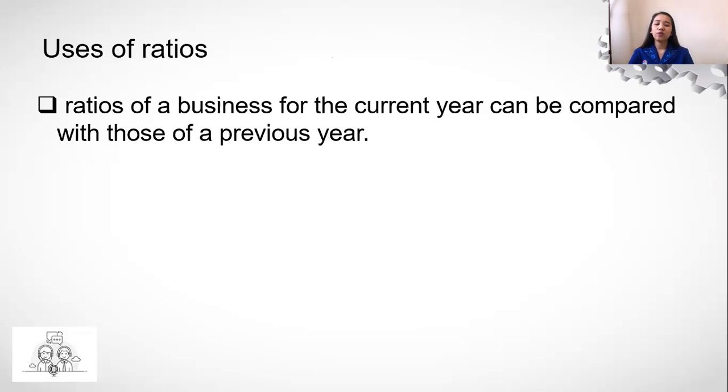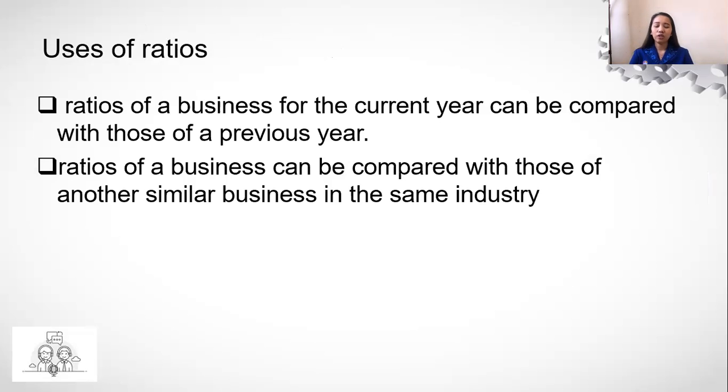The ratio of a business for the current year can be compared with those of previous years, so the year before. The ratio of a business can be compared with those of another similar business in the same industry. It should be the same industry and similar, because if the industry is different, it could be hard to compare, right?